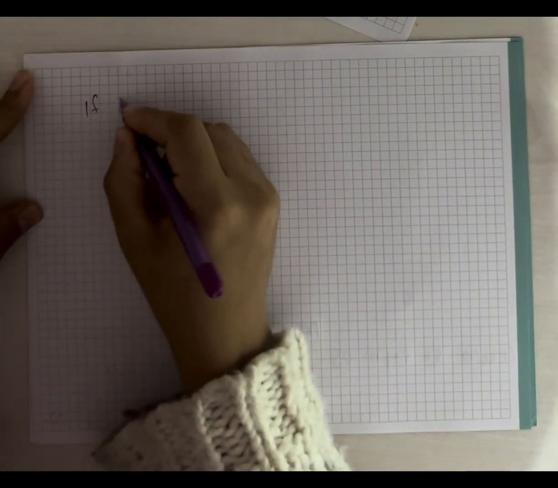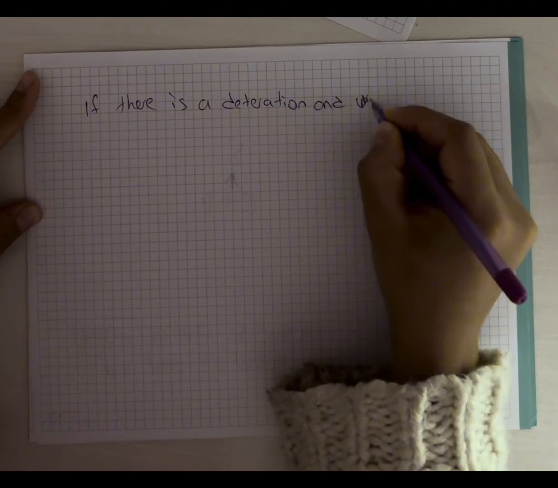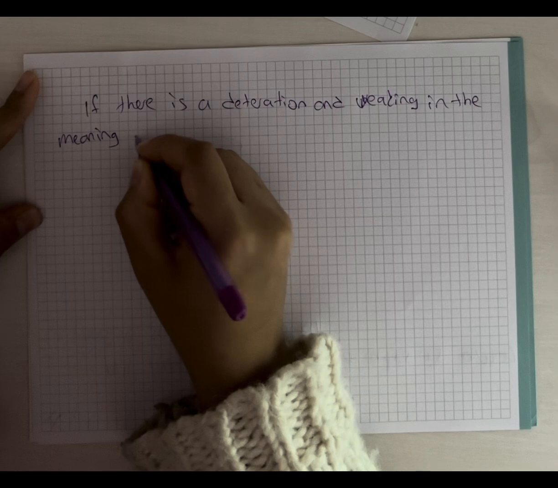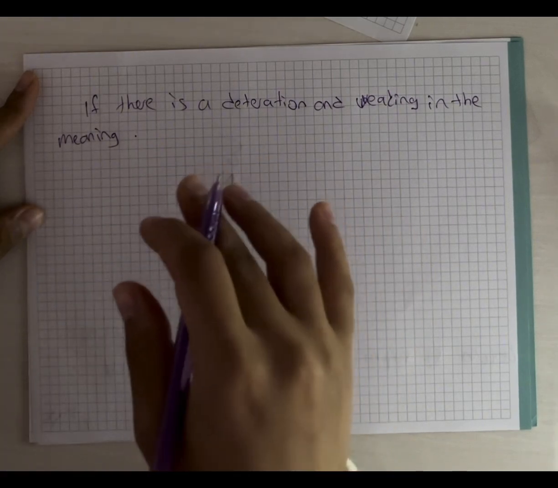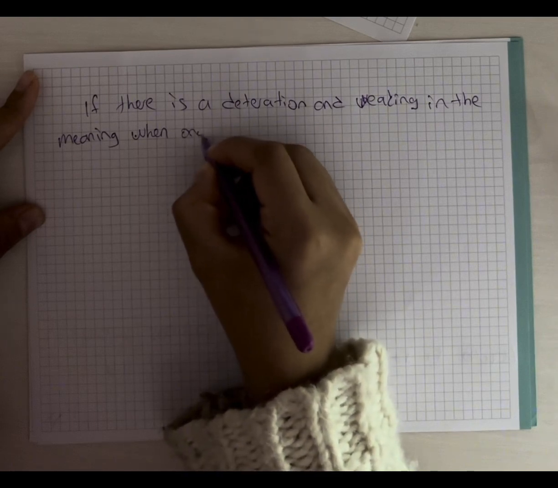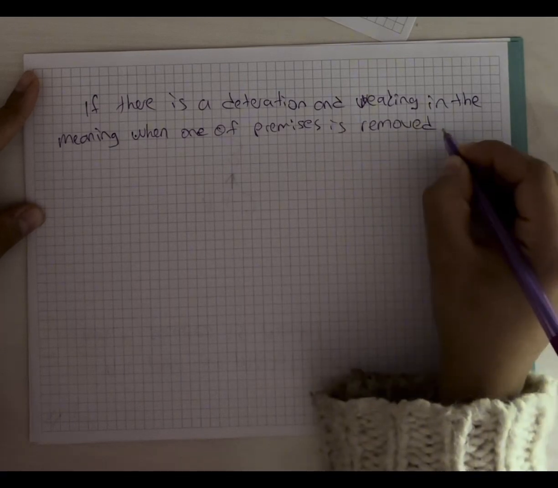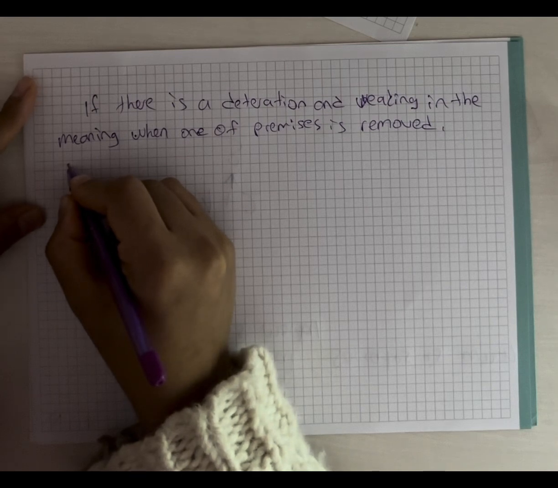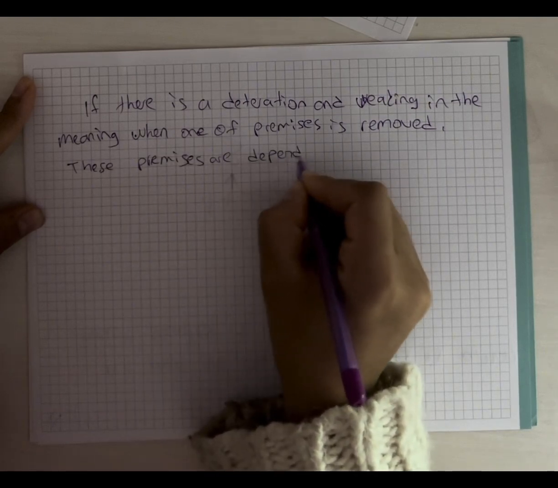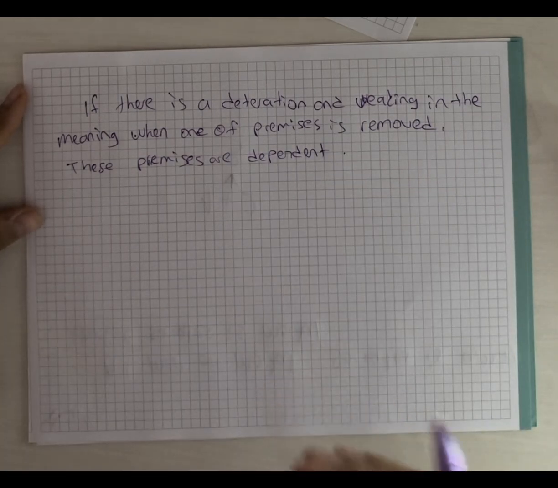If there is a deterioration and weakening in the meaning when one of the premises is removed, these premises are dependent, or we can say linked.